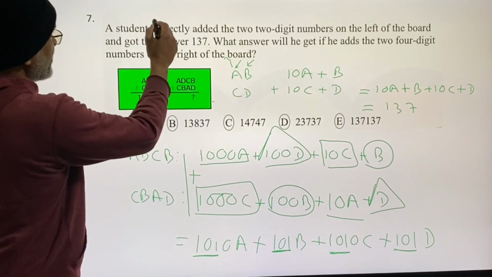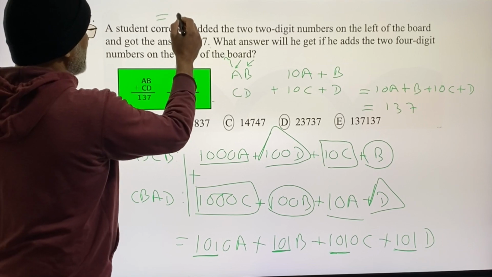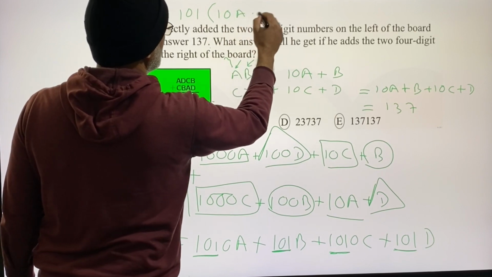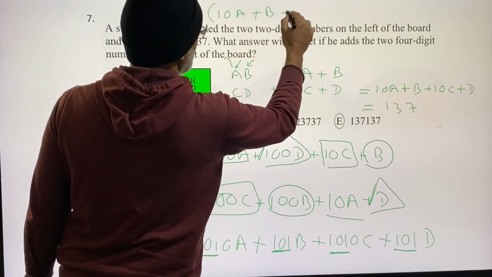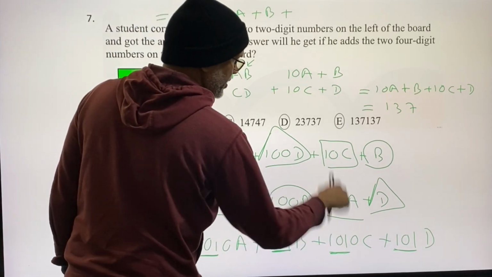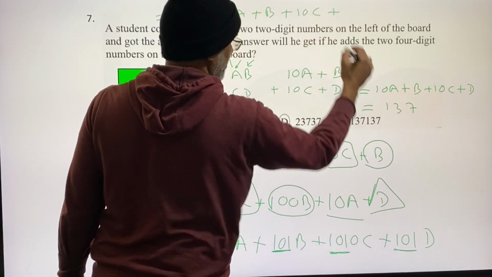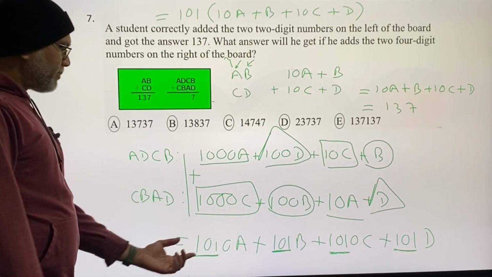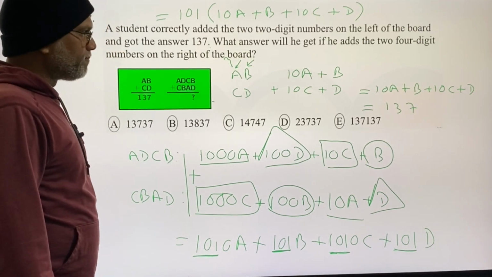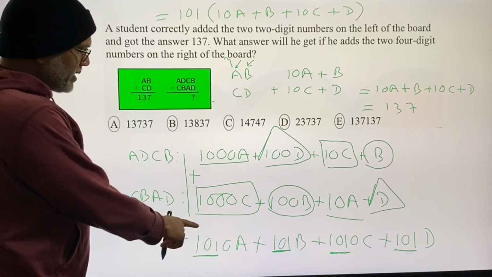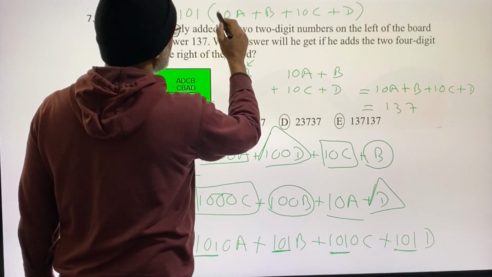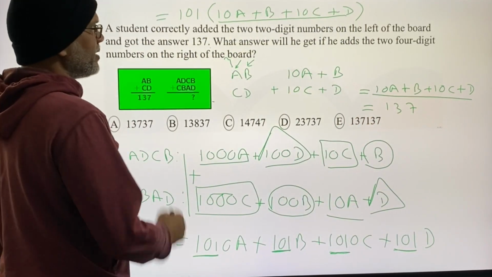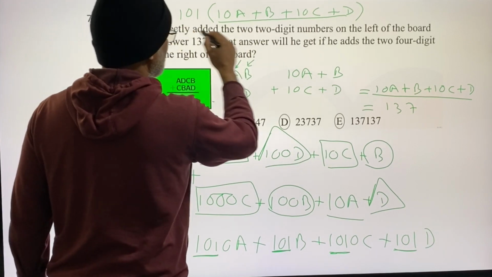If I factorize it, this is 101 times 10A plus B plus 10C plus D. All I have done here is take out the factor 101, and this part is exactly the same as the given expression.